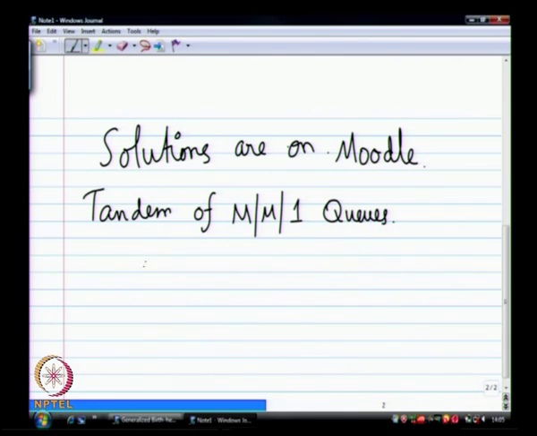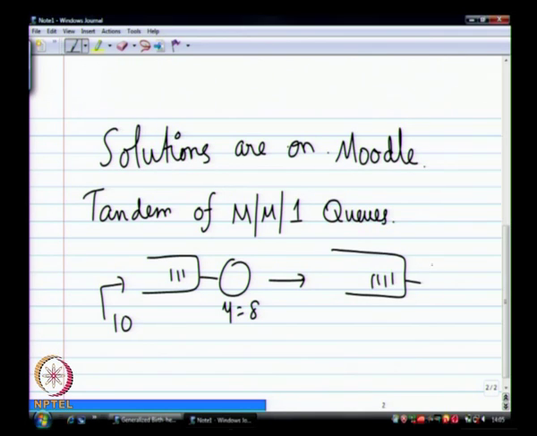So for this, for example, if I have a queue with lambda equals 10 and say mu equals 8, that feeds into a second queue. I briefly gave you the derivation for E of n, the total number of customers in the system. So for this system, what is E of r?